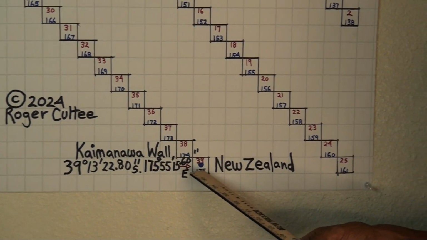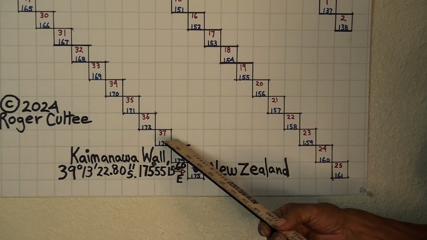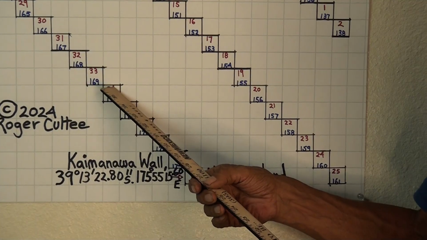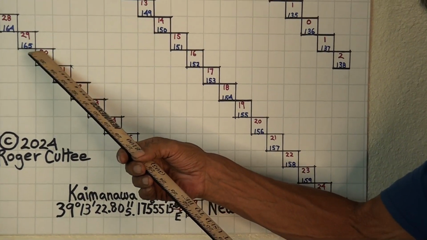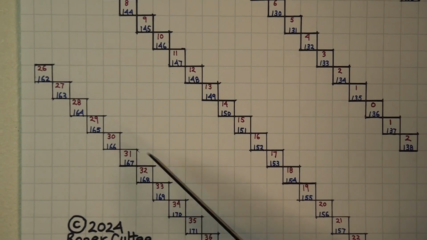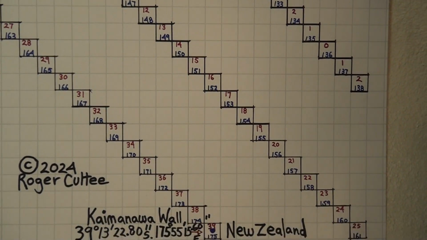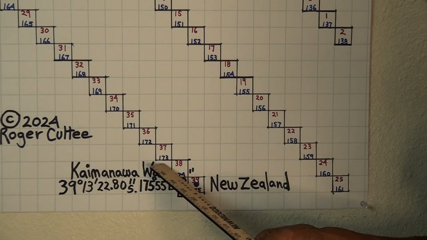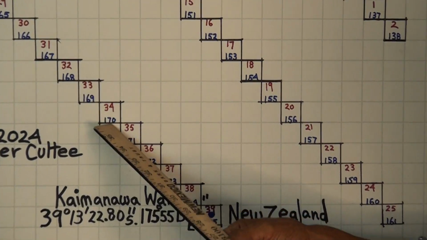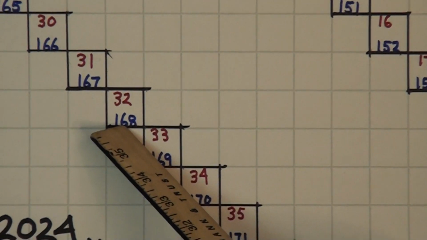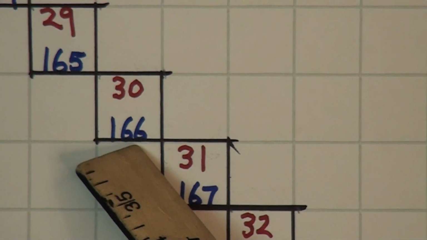So when you go diagonally, 39, 38, 37, 36, 35, 34, 33, 32, 31, 30. I only go up to 30. And then this one goes 175 to longitude, 174, 173, 172, 171, 170, 169, 168, 167, 166.